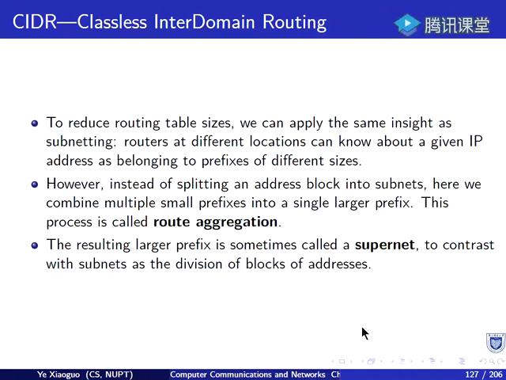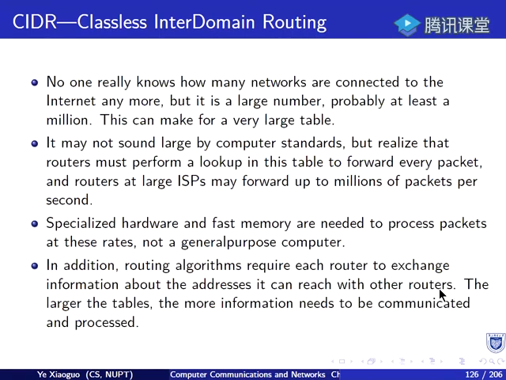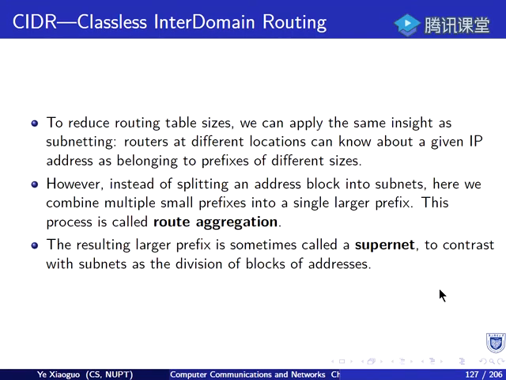What is route aggregation? Aggregation means that instead of splitting an address block into subnets, here we combine multiple small prefixes into a single larger prefix.